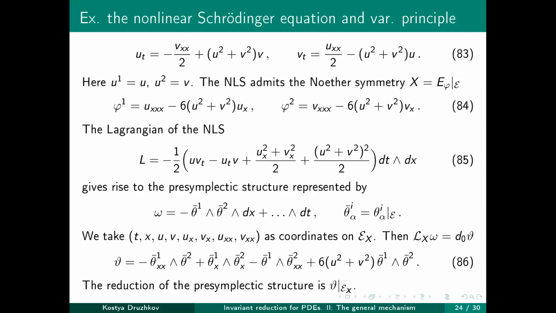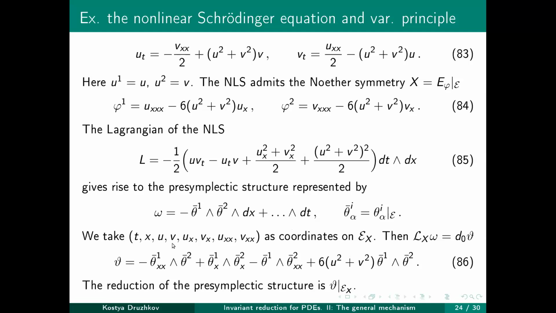The Lagrangian gives rise to the presymplectic structure represented by this form, omega. And in this case, we can see that the form is non-degenerate. Again, loosely speaking, we can see that it's degenerate, but we can also formalize this statement.